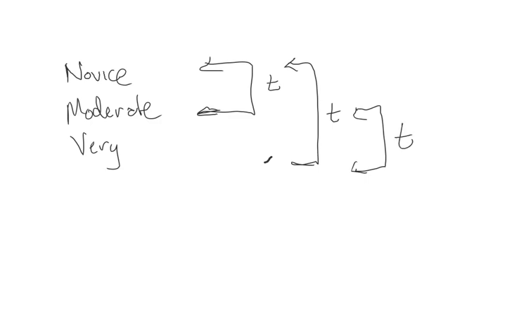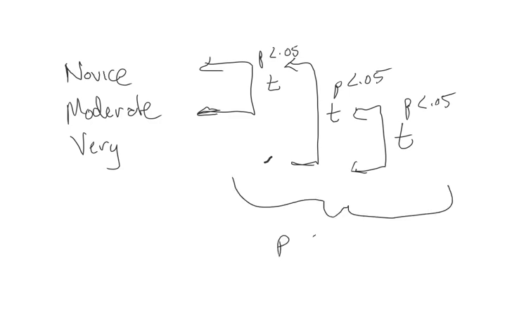And each time we do a statistical test, it has a level of error. Well, all of a sudden, this one's p less than 0.05, this one's p less than 0.05, and this one's p less than 0.05. And all of a sudden, with 3 tests, our p has gone up to 0.15.